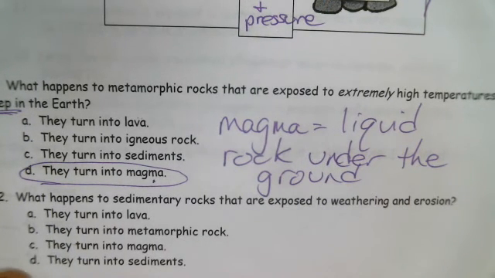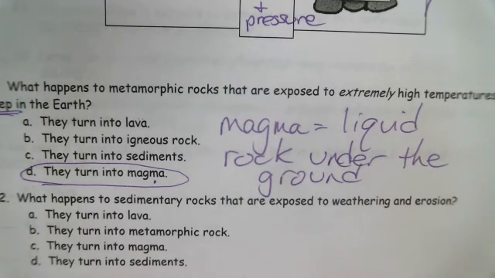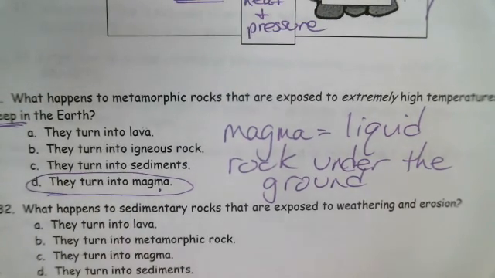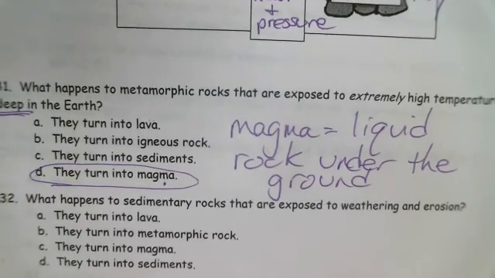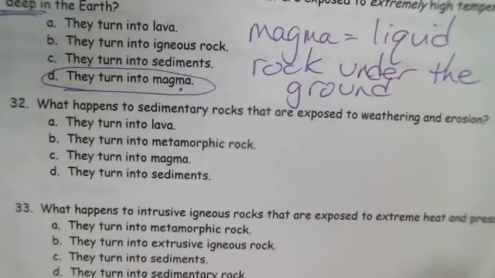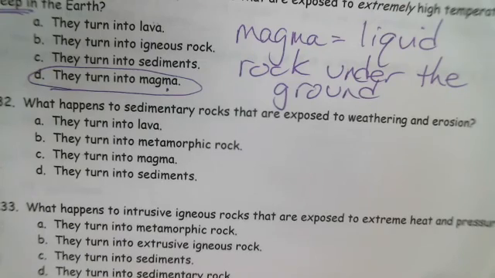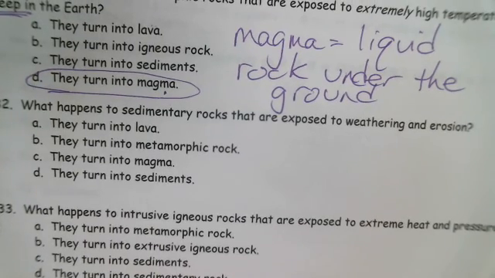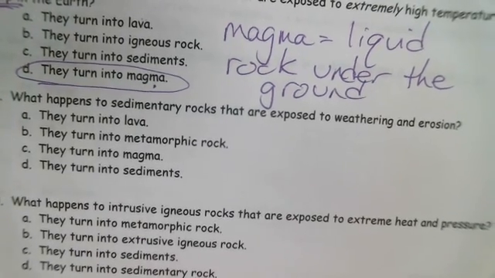Magma is liquid rock under the ground. If it said that it was extremely high temperatures at the surface of the earth, then I would have chosen lava.